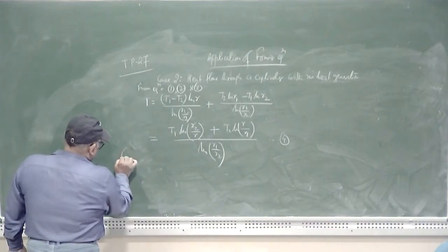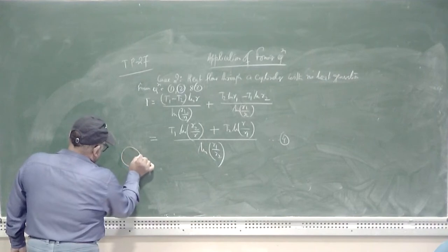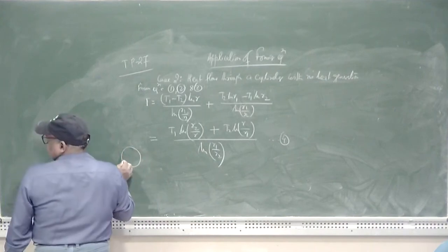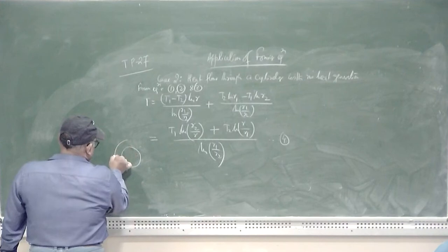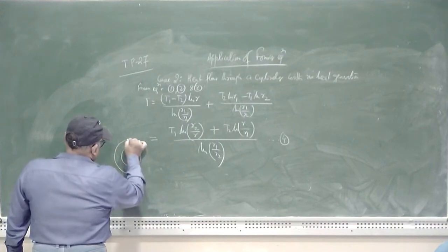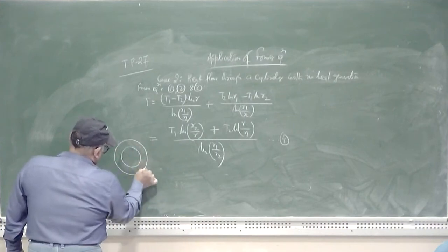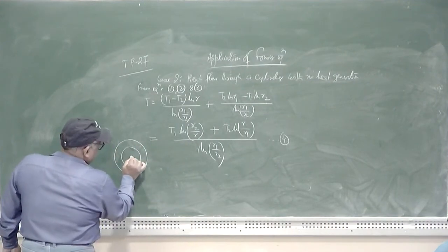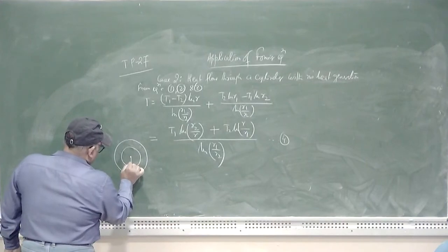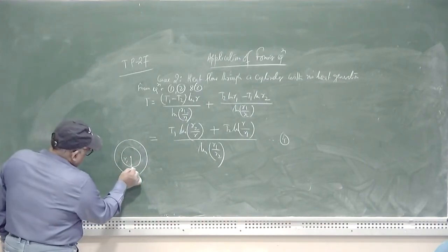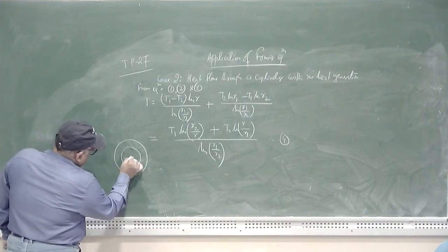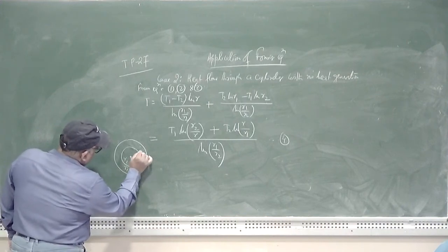If you take the plan view of this present case, a cylinder, this is your R1 radius, the internal radius of the cylindrical system. This has the temperature T1. This is the external radius of the cylindrical system.